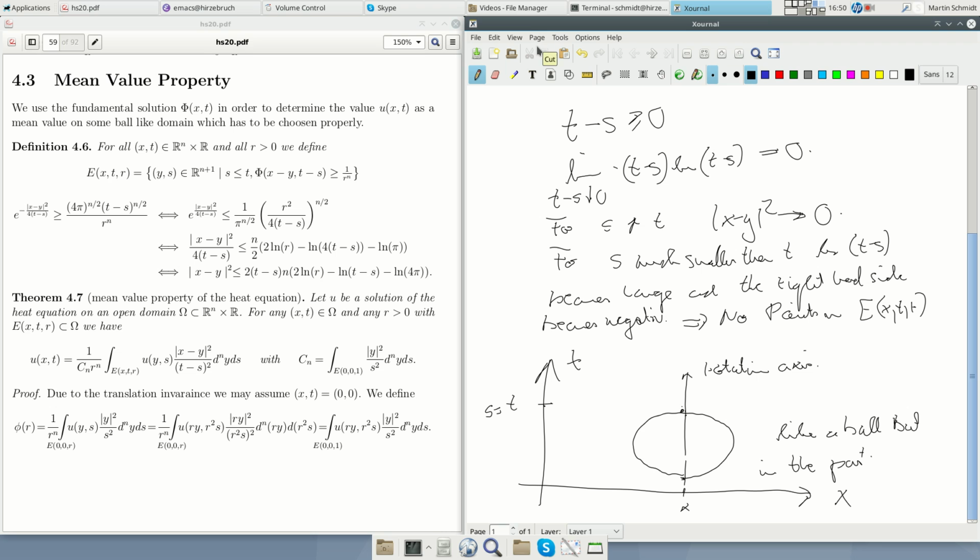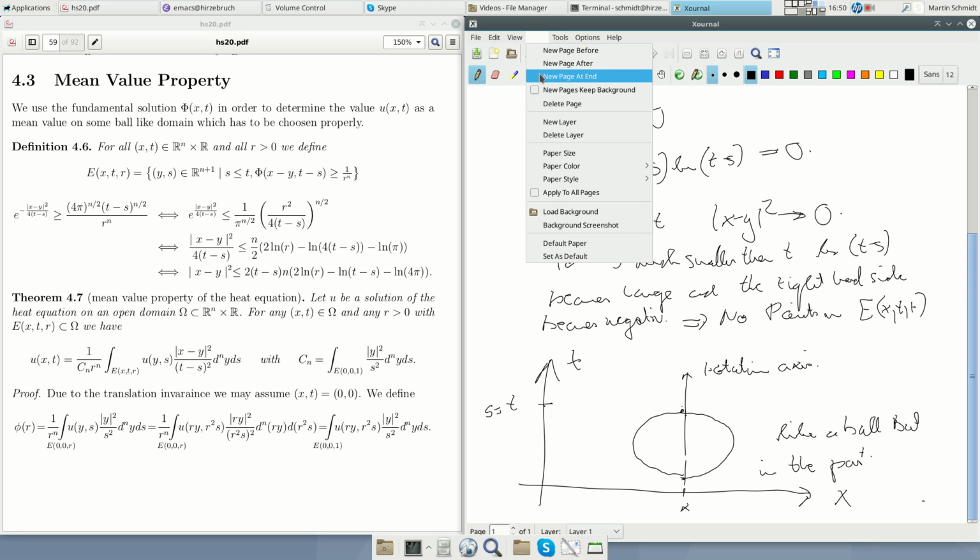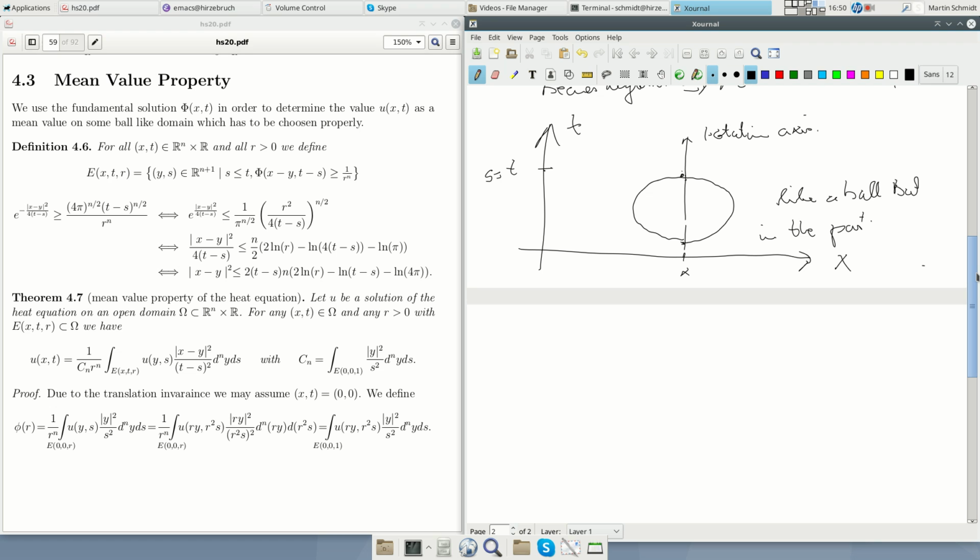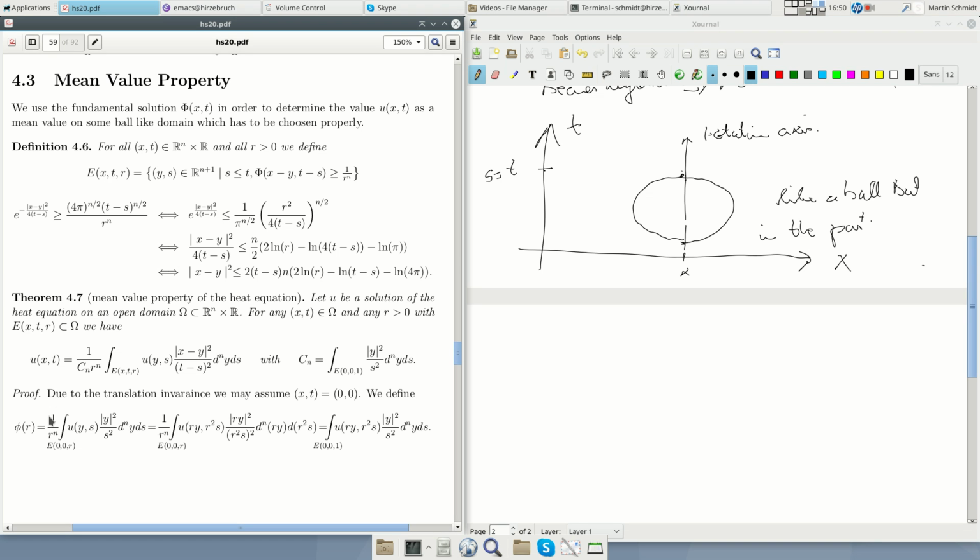Now let's prove this theorem, this mean value property. The proof more or less follows the same idea. We again define this function phi of r, and then try to calculate the derivative with respect to r. In order to calculate the derivative with respect to r, we should make the domain independent of r.